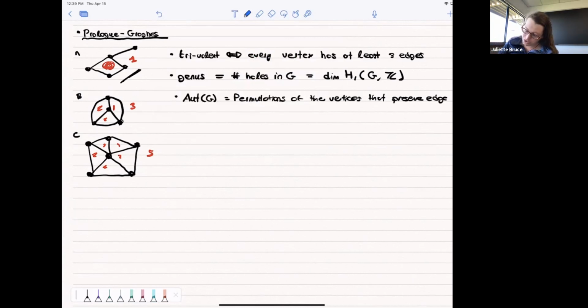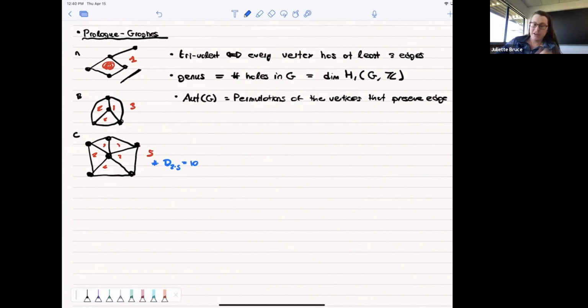So you could show that the automorphism group of C is going to be the dihedral group on 2 times 5 elements, so it has size 10. You can imagine you can rotate the picture however you want, or flip the picture around any natural thing.